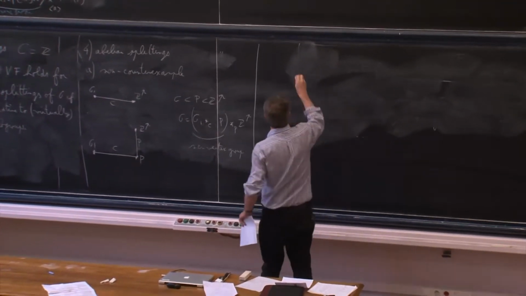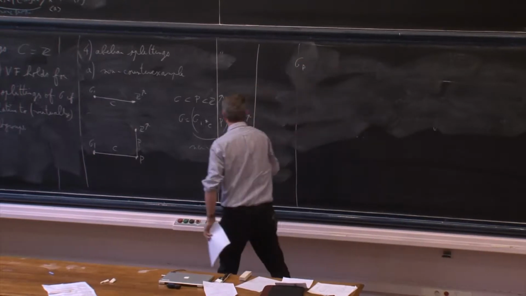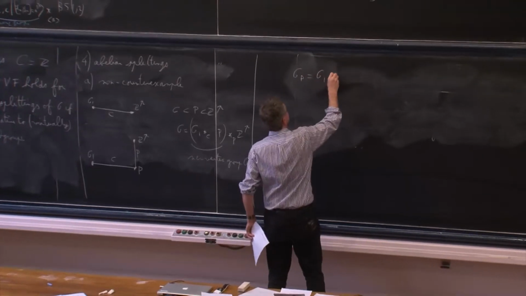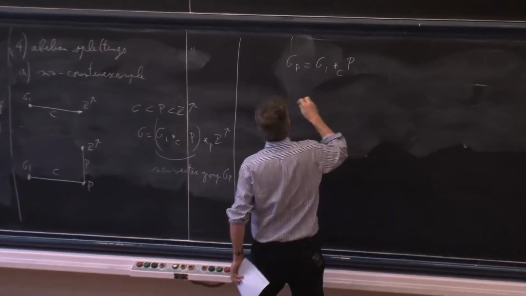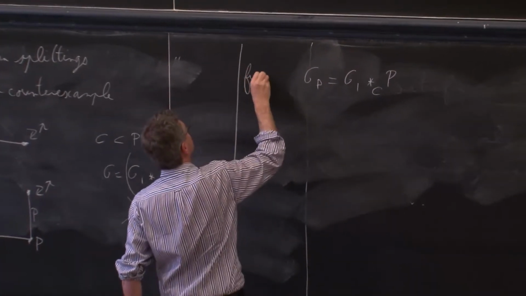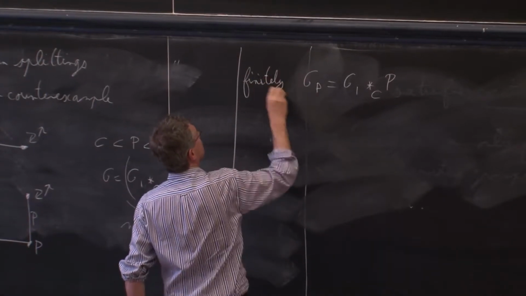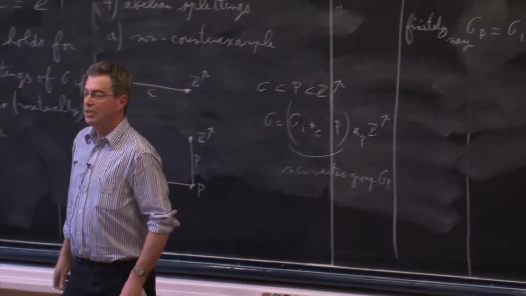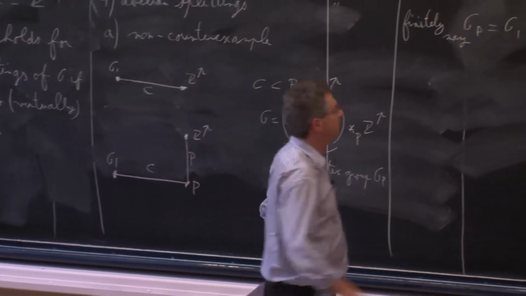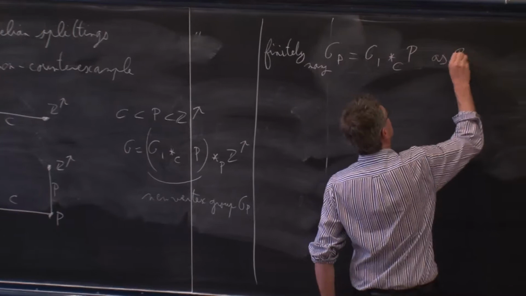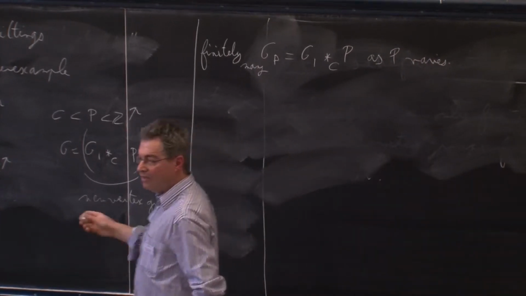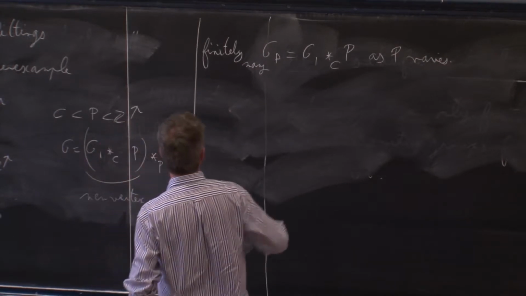So if I look at this new vertex group GP, which is G1 amalgamated with P over C, I have only finitely many. I have finitely many GP up to isomorphism as P varies. And this is easy to see. Let me just give you an example.